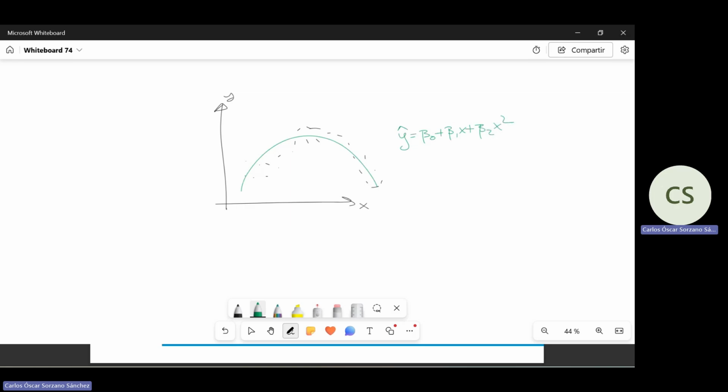And I want to find the betas that maximize the likelihood of observing these y's.